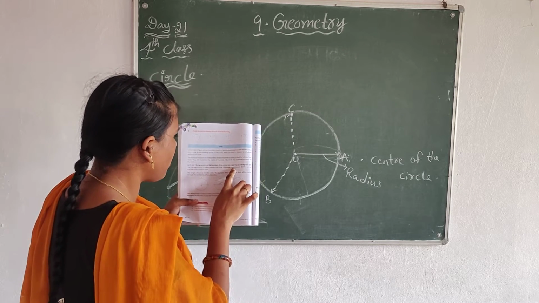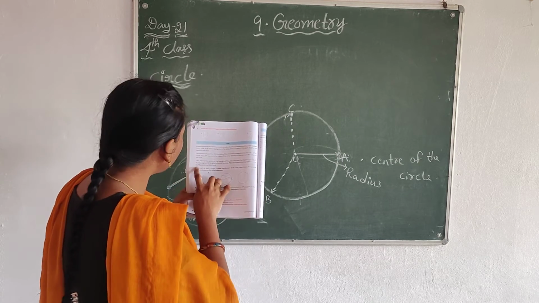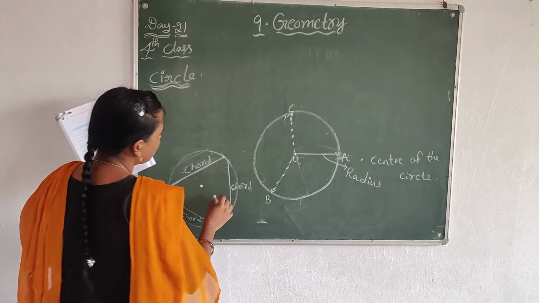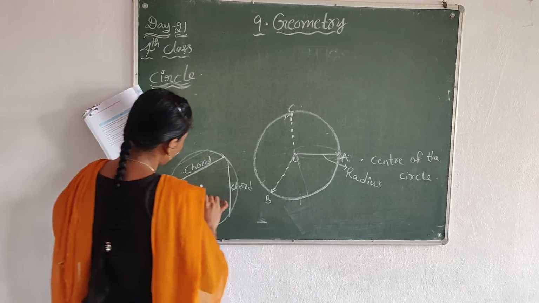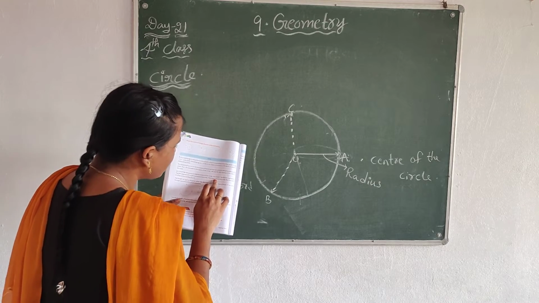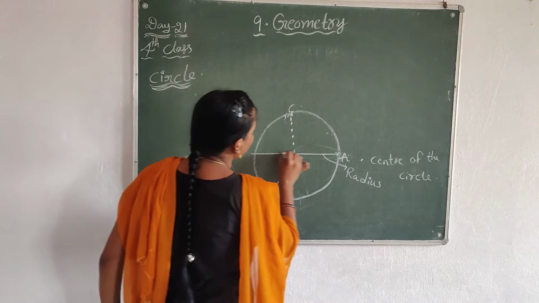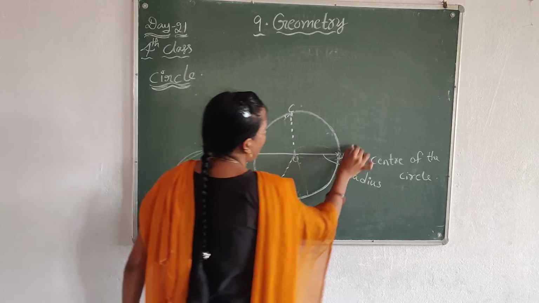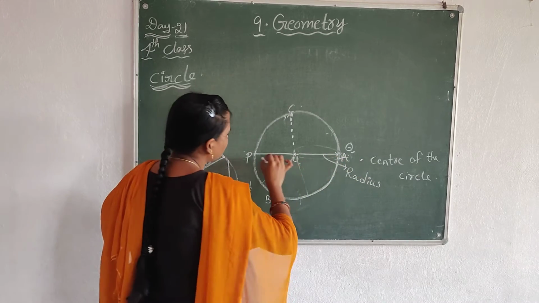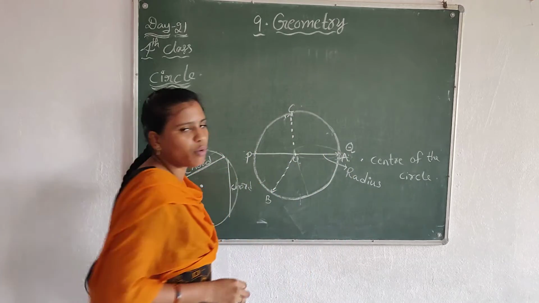PQ is also a chord of a circle, but the center O of the circle is on this chord. Here it starts from this point to this point. Here you observe the points P and Q. The line goes from point P to point Q through the center point.